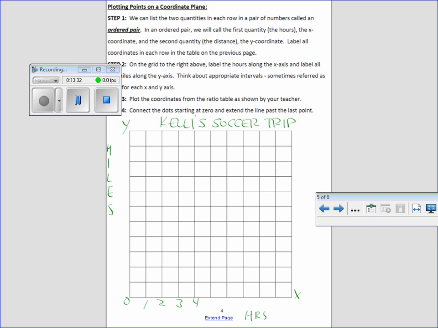When you make your numbers, watch how I do this. How many hours were there? 7? 8, right? Everybody just be careful. When I make my numbers, don't put them in the middle of a box. It has to line up with one of the vertical lines. These are called hash marks or tick marks.